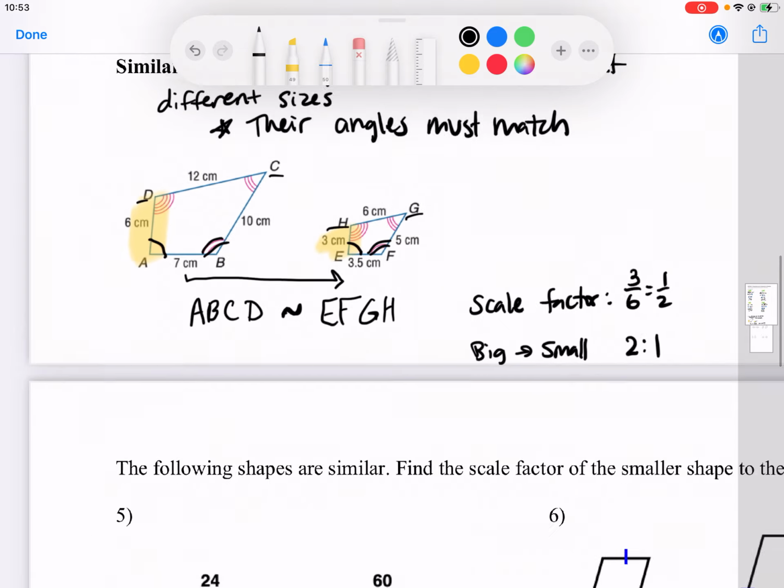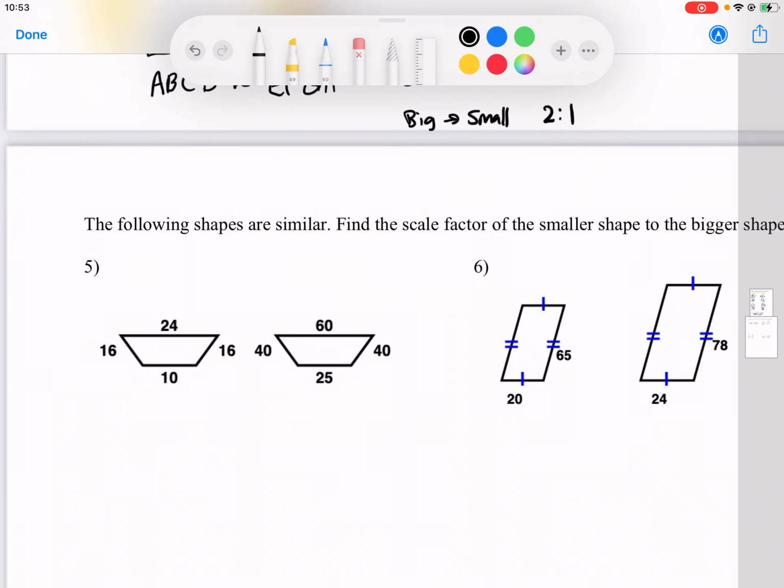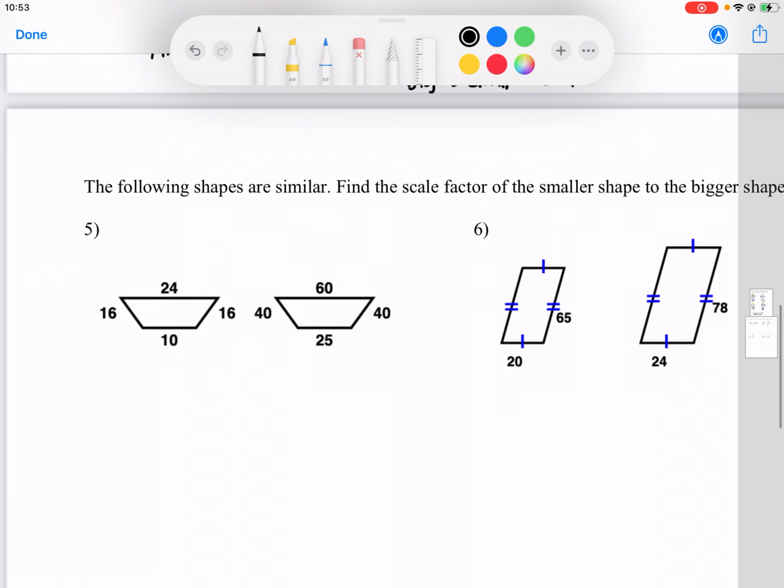I'm going to have you write it as ratios because I don't know if you have a lot of experience with ratios, but that's what we're going to do right here. All of these shapes I've given you in these pictures are similar. They just have different sides. These are not drawn to scale, by the way, because these two look like they're the exact same size, but the side lengths are different.